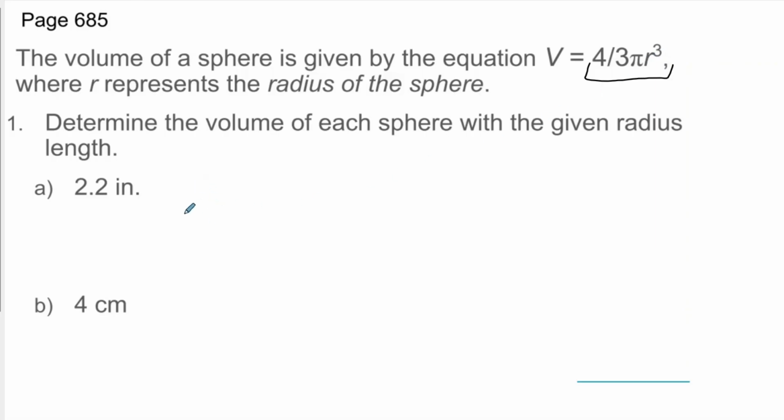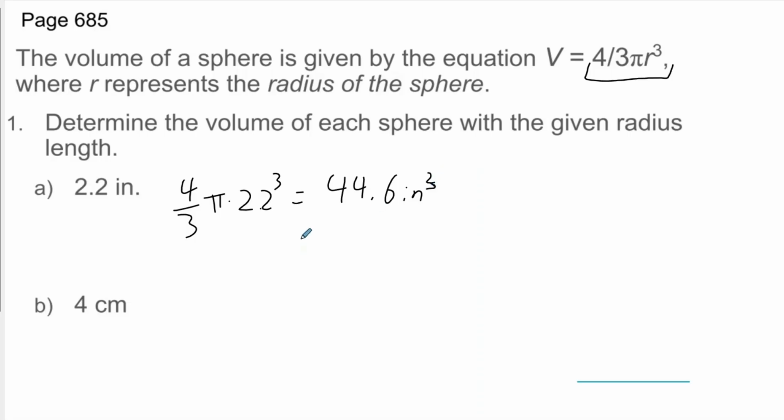So let's try doing a problem. Let's find the volume of a sphere with a 2.2-inch radius. That's going to be 4/3 pi times 2.2 cubed. Put that in the calculator, and I get 44.6 inches cubed as the volume.